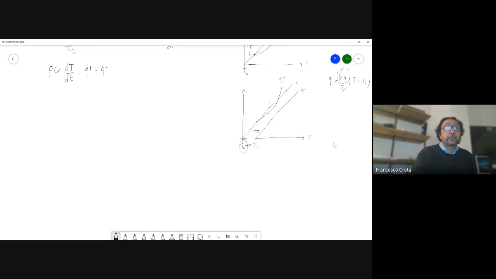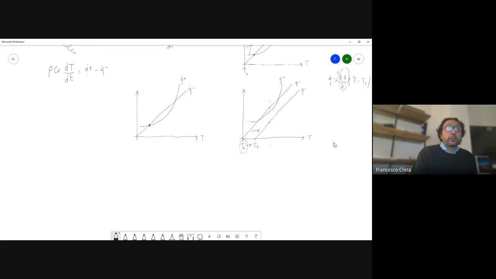But before talking about the threshold, let's just remind ourselves that we have the usual picture of the heat loss, and then a generic Q plus.